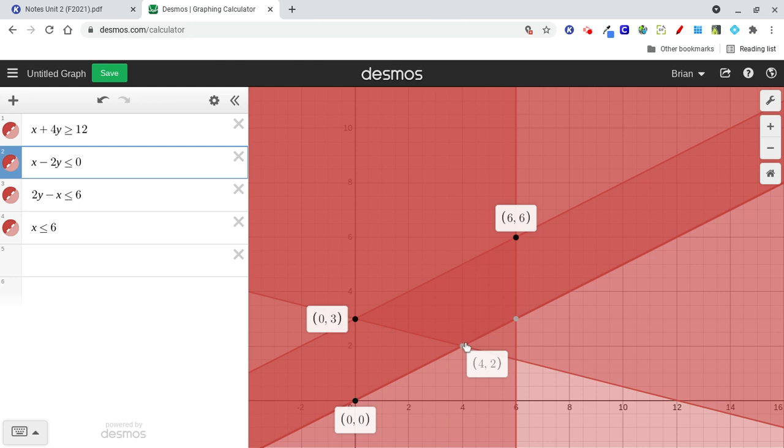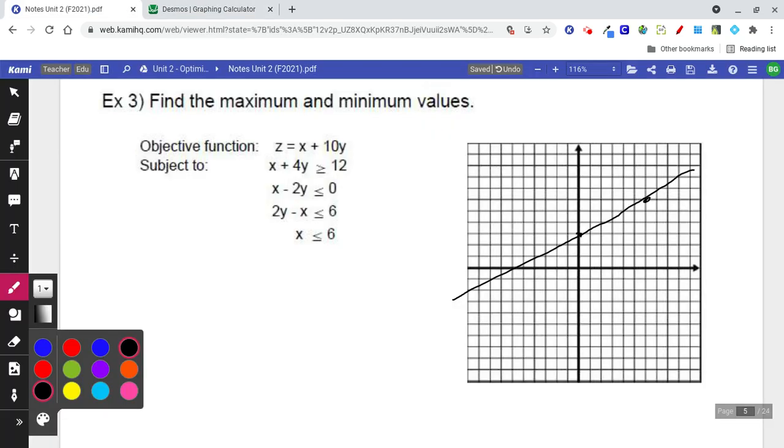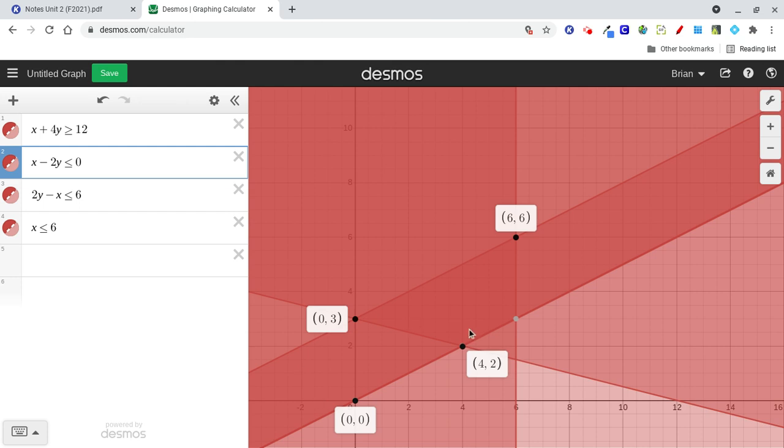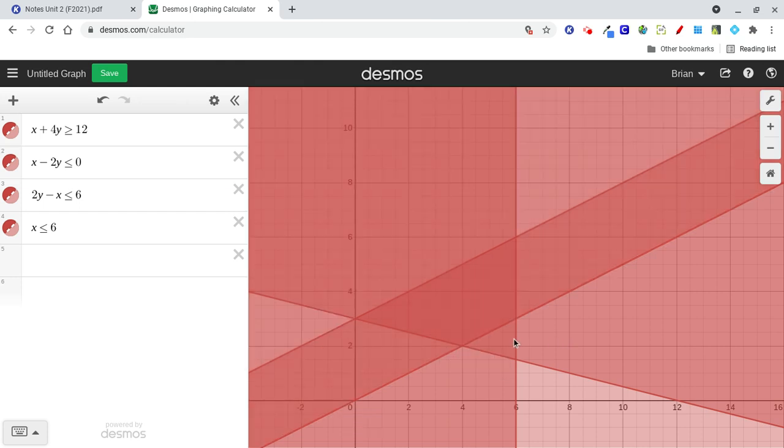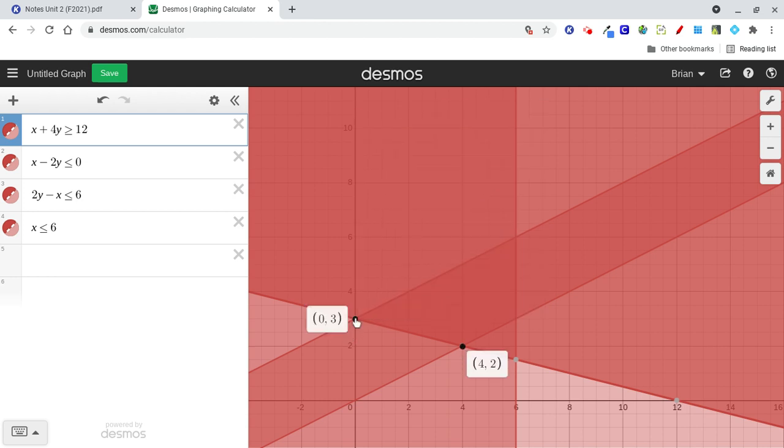Another line goes through the origin and (4, 2). Okay, origin and (4, 2). Notice those lines appear to be parallel. That's fine. Here's a line that goes from (0, 3) through (4, 2).